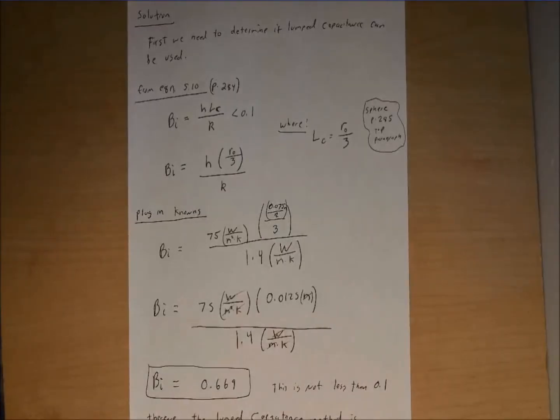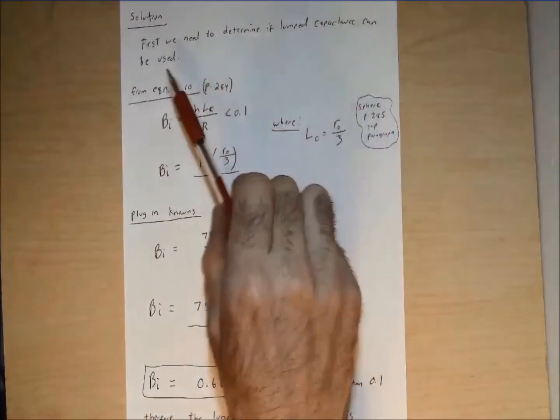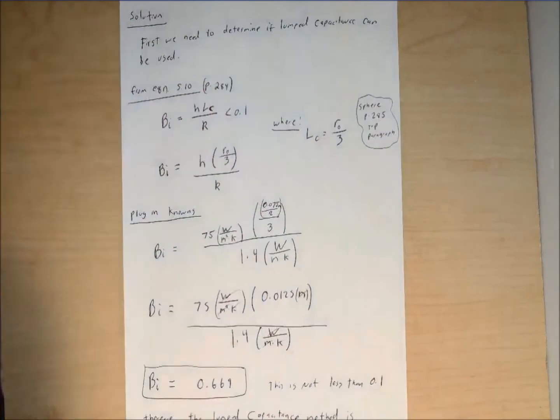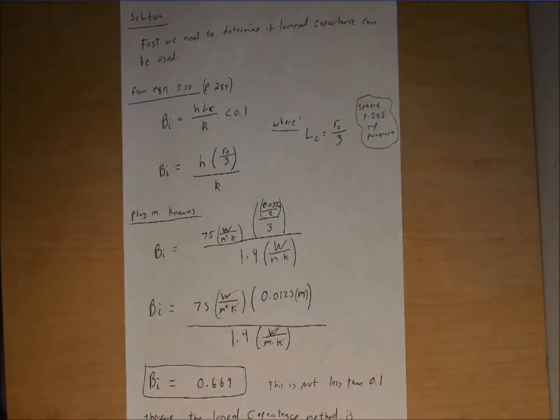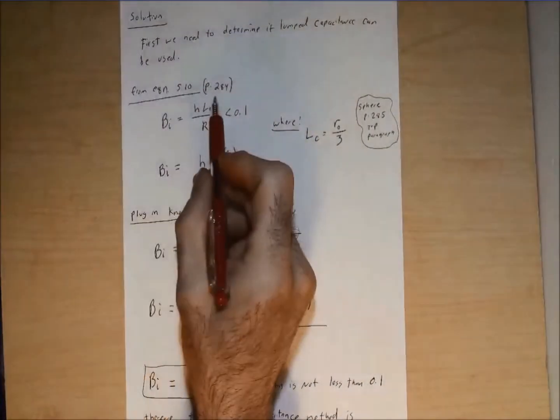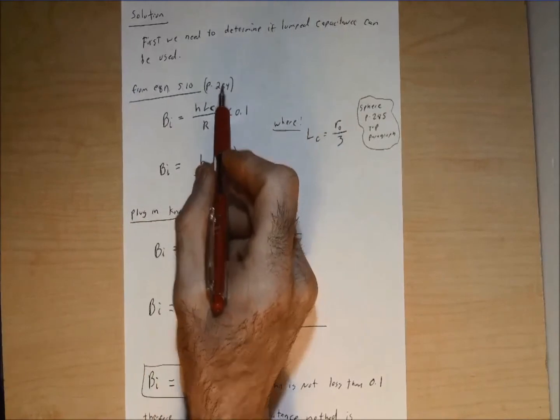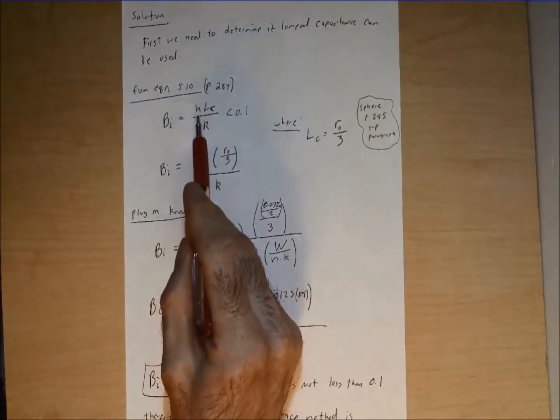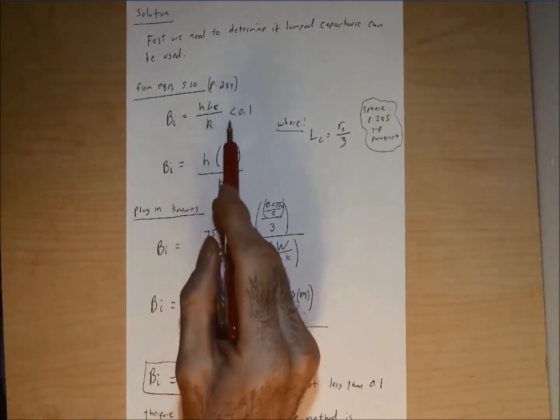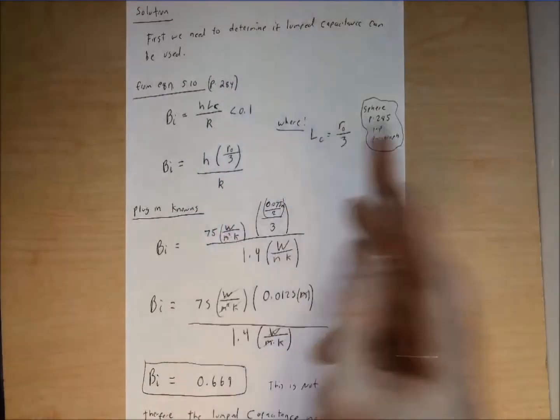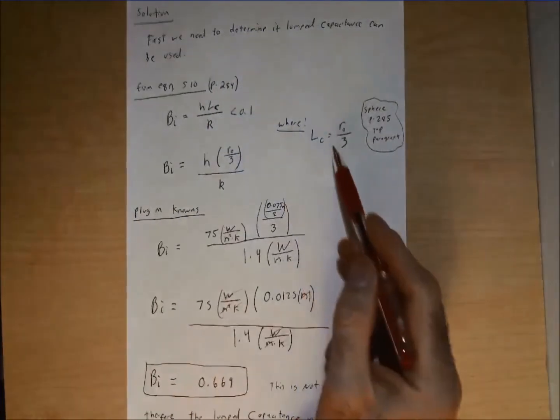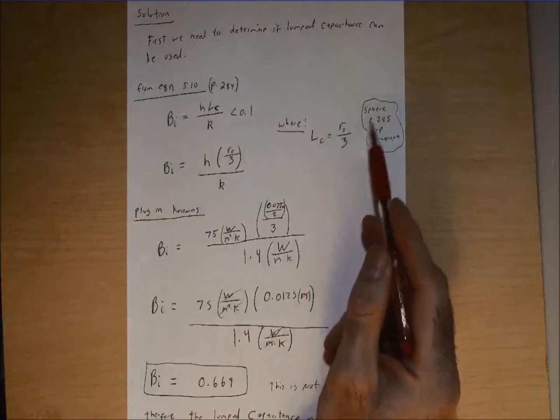So the first step in our solution, what we're going to want to do is to determine if lumped capacitance can be used. So in order to do this, we can reference back to equation 5.10 on page 284 of the textbook, where a Biot number, Bi, is equal to H L_c over K, is less than 0.1, where for L_c we have R naught over 3 for a sphere.